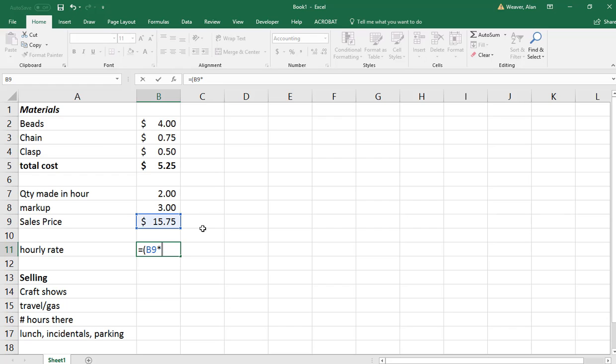And I'm going to use the cell reference here. Close this out, the parenthesis here, and what we're doing here, if I just say this, that I'm making $31.50, that's the gross, okay? Now what I'm going to do is I'm going to divide this by the 2. However, it's saying I'm making $15.75 an hour.